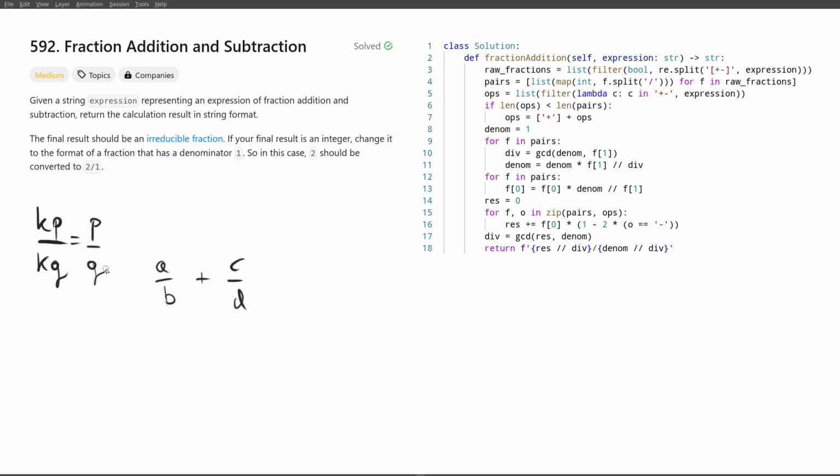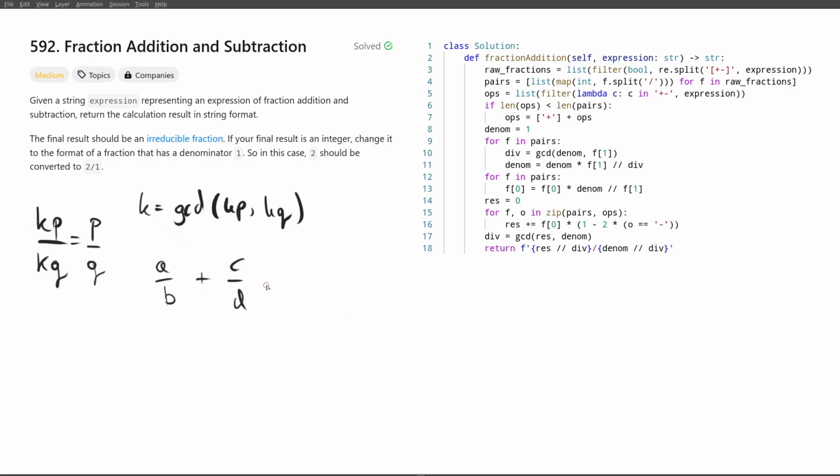We can divide both the numerator and denominator by this value k. In other words, this k can be equal to the greatest common divisor of kp and kq. So to reduce a fraction, to get an irreducible fraction, we just find the GCD of the numerator and denominator, divide both by that number, and it's irreducible.